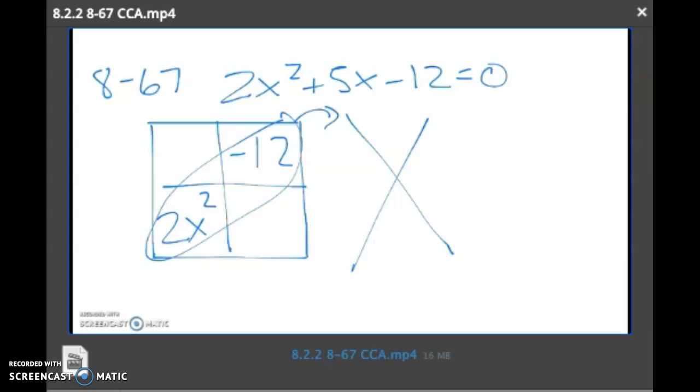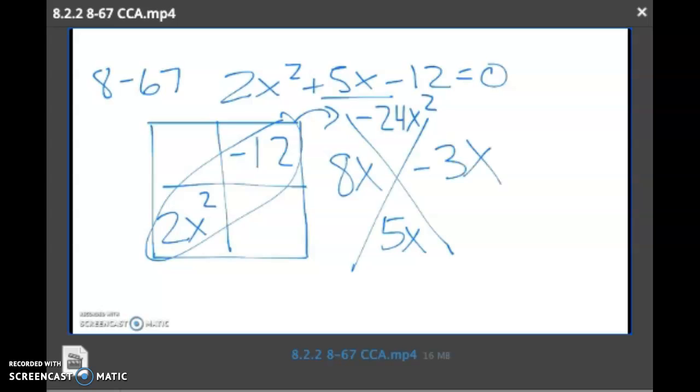That gives me negative 24x squared. And then my x's go in the bottom of my diamond. So I'm looking for those factors that multiply to give me negative 24x squared and add up to give me 5x. Those factors are positive 8x and negative 3x. So I'm going to drop those into my generic rectangle.